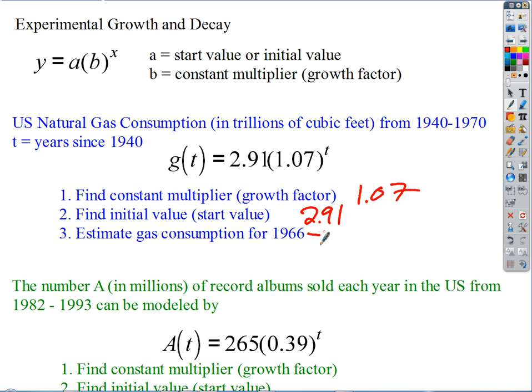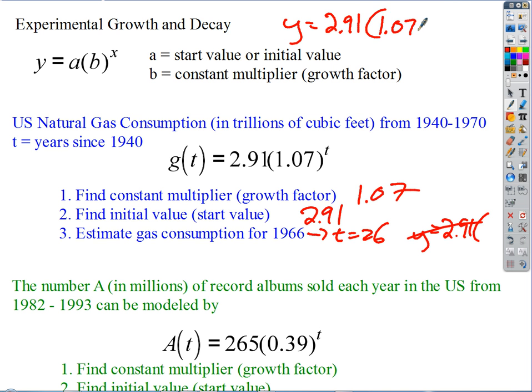So we're going to turn that into T equals 26, and our answer would just be Y equals 2.91 times 1.07 to the 26. Whatever my calculator tells me, that's the answer. Just throw it in the calculator. Simple. Okay? Questions? Yeah, that's it. It's no big deal.